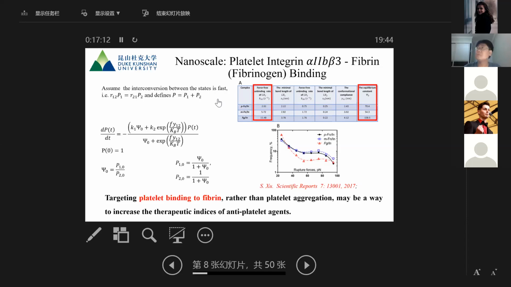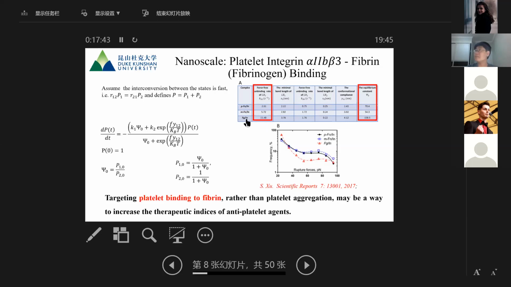It could be explained in two ways. First, we said that there are two binding states, one lower and one higher. For this parameter, Q10, the lower affinity force-free binding rate, you can see that for alpha 2b beta 3 fibrin, it's much lower than for alpha 2b beta 3 fibrinogen.